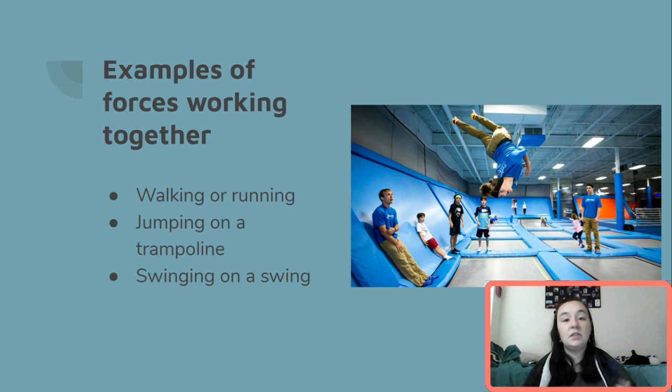And you're holding on to the swing and sitting on it, or someone has to be touching you and pushing you in order to get it moving, which is our contact force. But the air resistance and gravity are allowing you to swing back and forth without flying into outer space. So that's how we use forces every day.